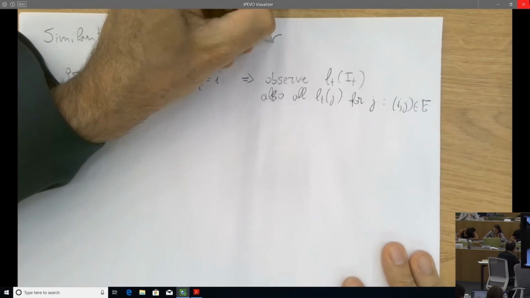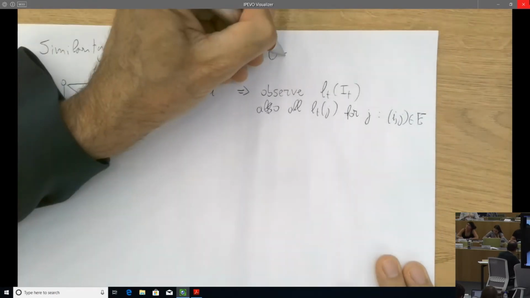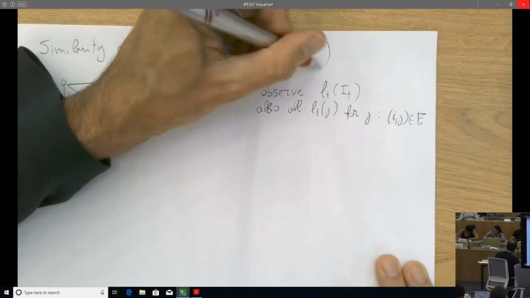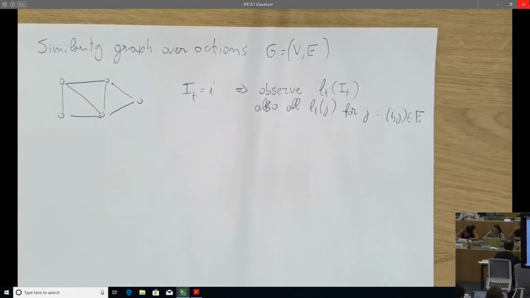So the similarity graph, I indicate V is the set of actions and E is the set of edges.